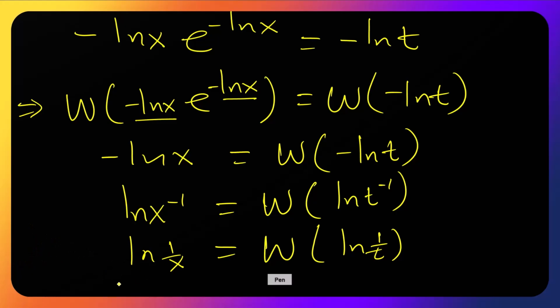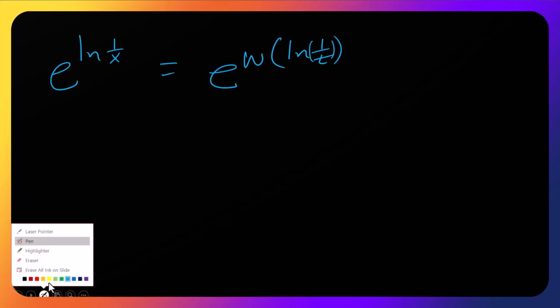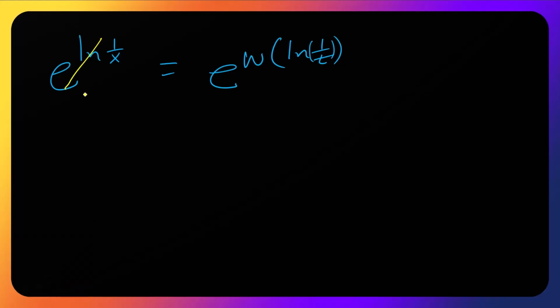So I'll just raise this side. That will be e raised to ln of 1 on x equals e raised to the W function of this. So from here, this one and that will make this one free, and you have e raised to this one, ln of 1 on t.